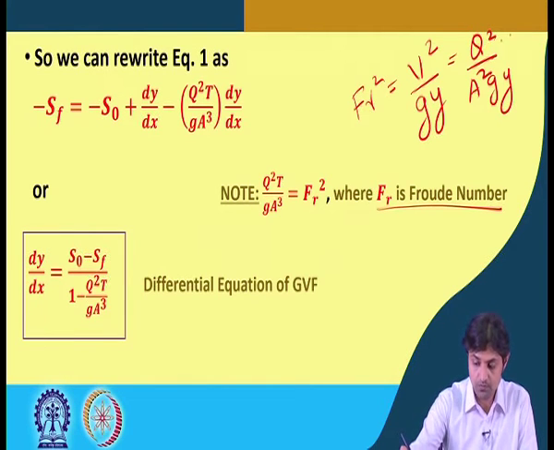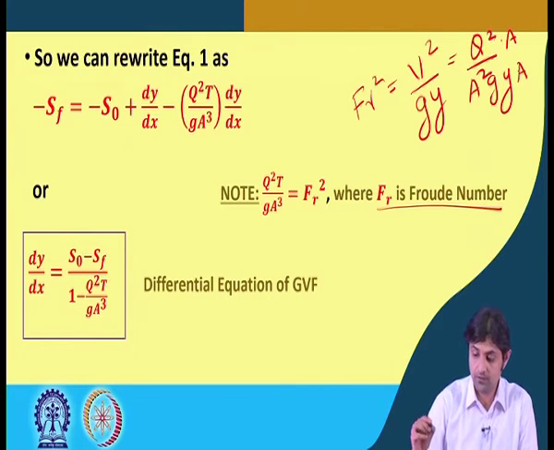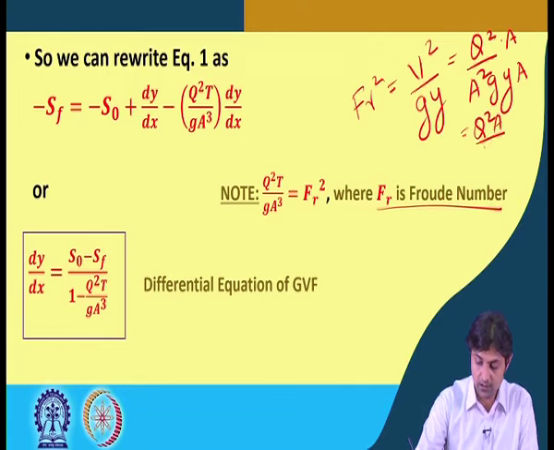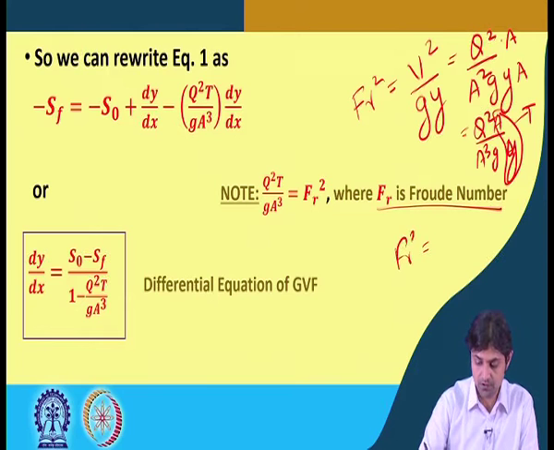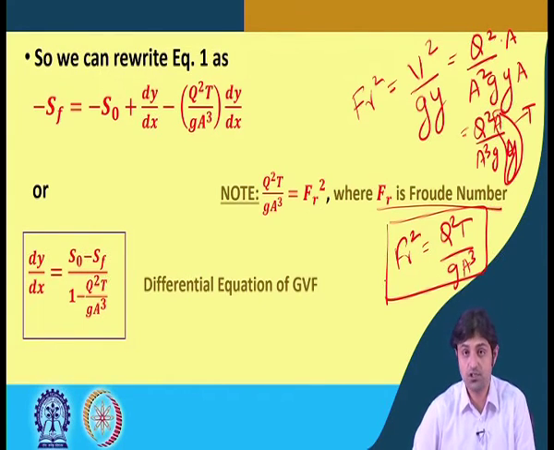If you multiply by A, it will be Q square A divided by A cube g into y. So, A by y can be written as T, the top width. So, Froude number squared is Q square T by g A cube, because Froude number is V by under root g y.